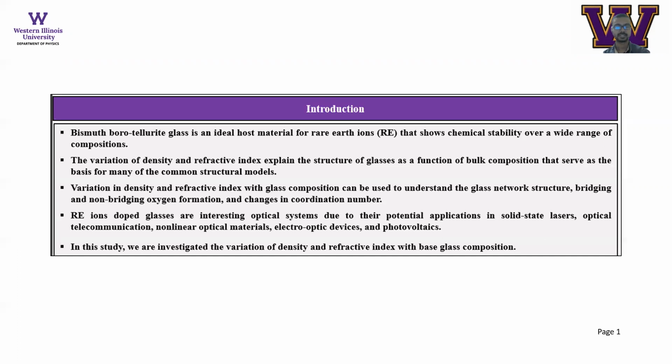On the other hand, rare earth ion doped glasses are very interesting in applications like solid state lasers, optical telecommunications, electro-optic devices, and photovoltaics. So in this study, we will investigate the variation of density and refractive index with base glass composition.